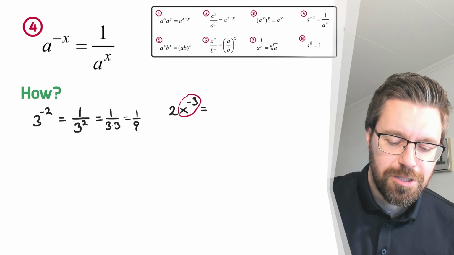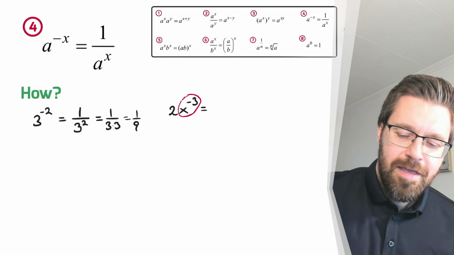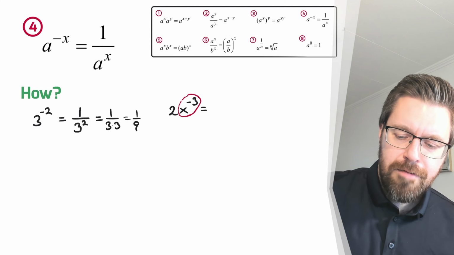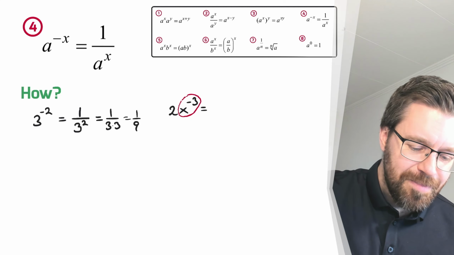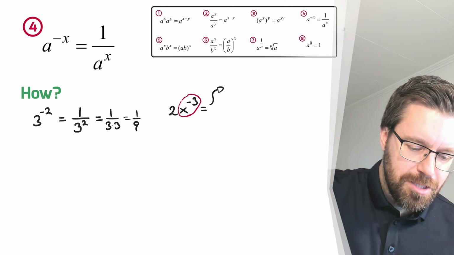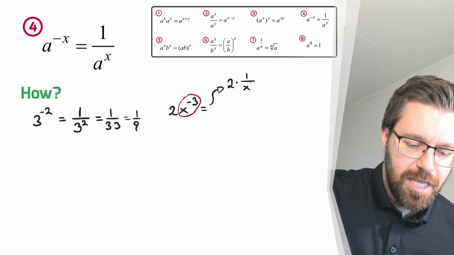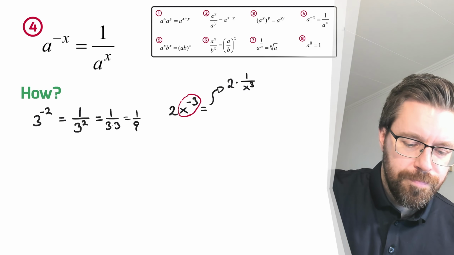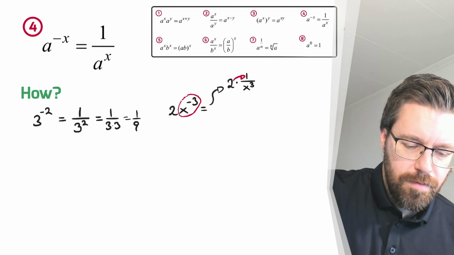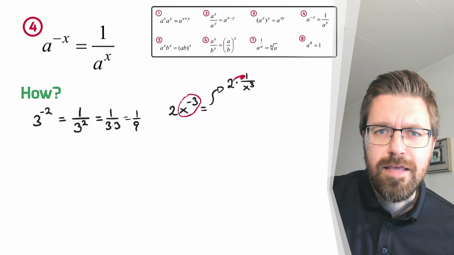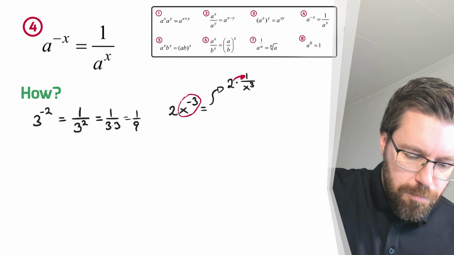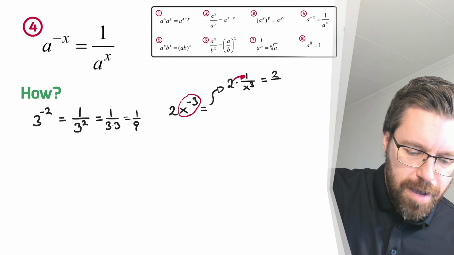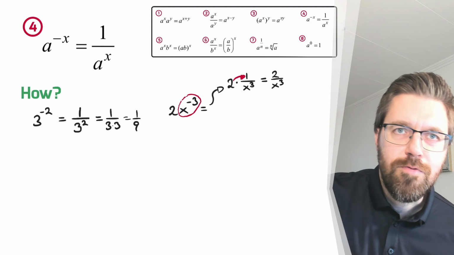In the long way, you can do it like this: you write the number 2 in front and then 1 divided by x, and change the sign to plus. But the number 2 you can move up into the numerator, so it will be like this: 2 divided by x raised by 3.